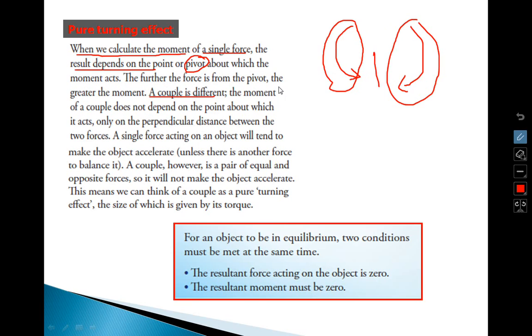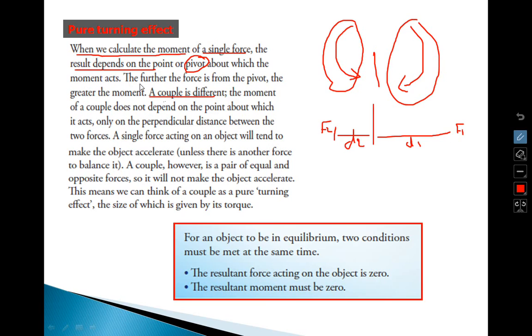So if the pivot is here and one of the forces F1 is here with distance d1, it is different from F2 with distance d2.